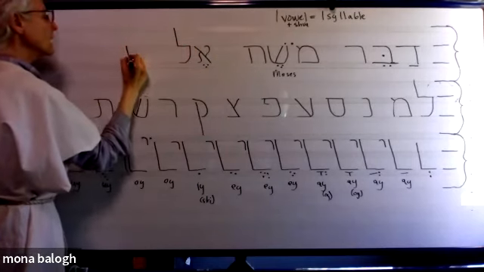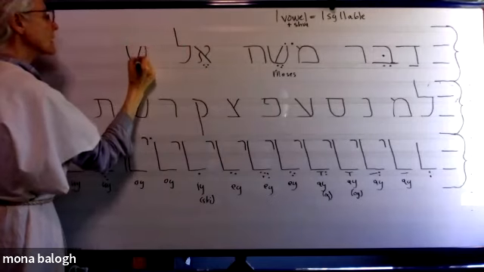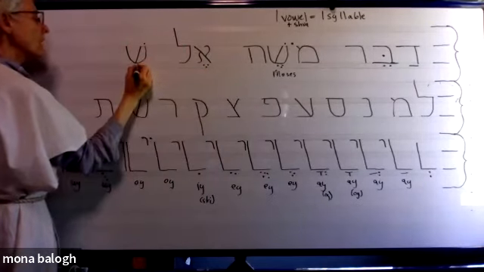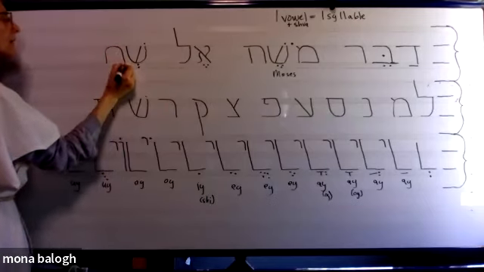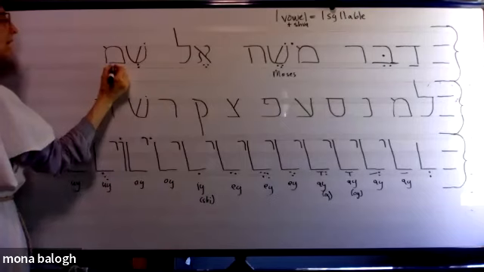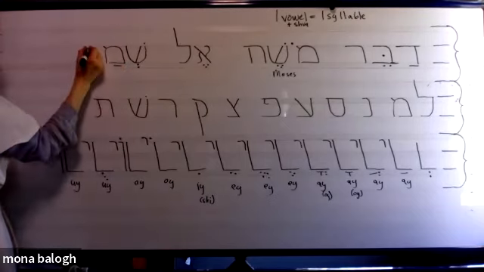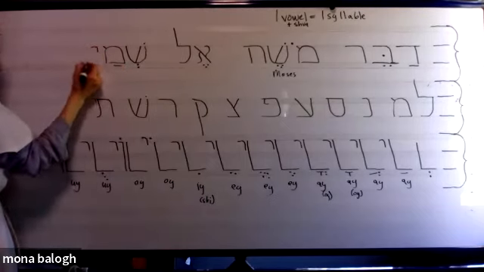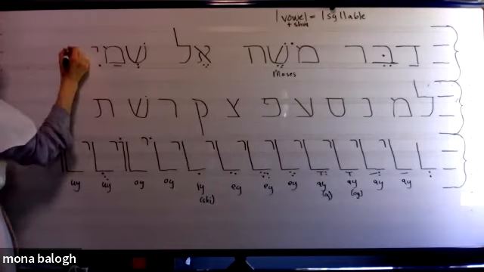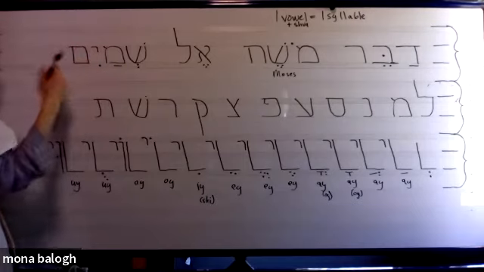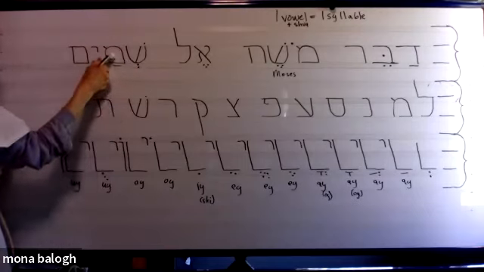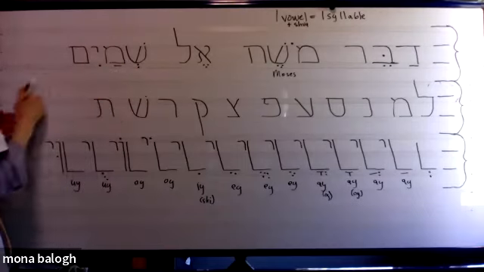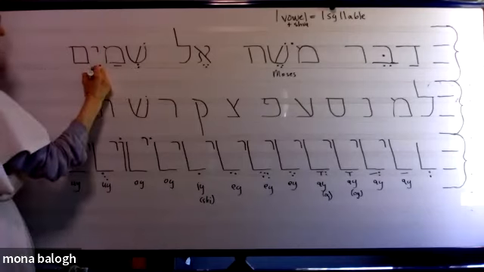Shin, shva, mem, patach, yud, hirek, mem sofit. All right, one vowel, one syllable. She, ma, yim. Shamayim. You've heard of that? Heavens.